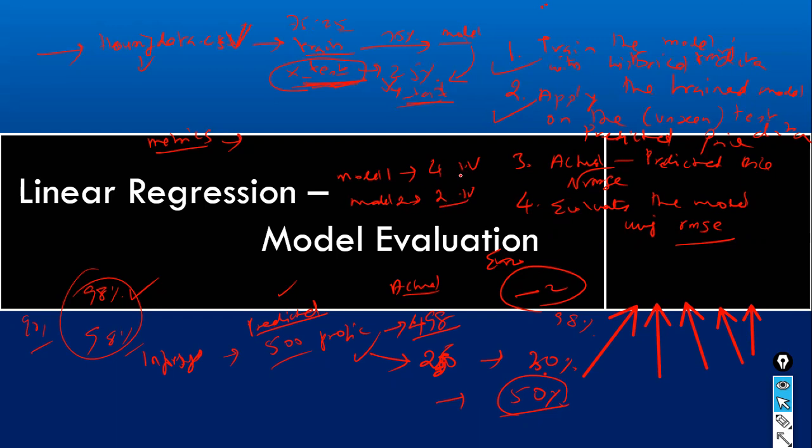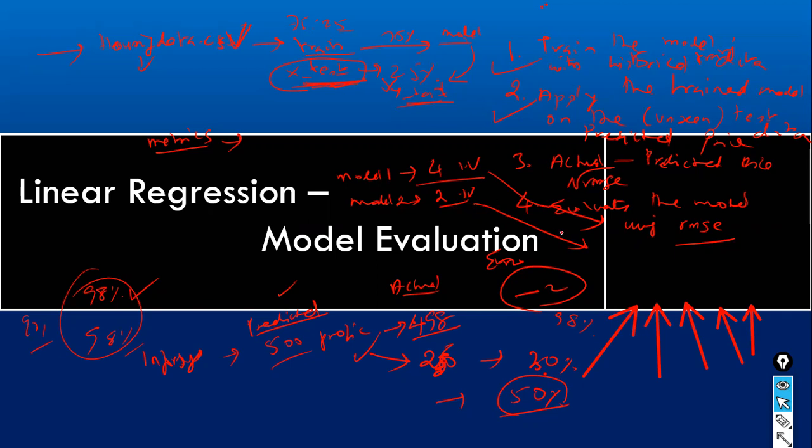Of the 4 independent variables, 2 were not at all helpful; they don't have predicting power. Hence we dropped them. With the 4 independent variables, what is my root mean squared error? And after removing the 2 columns which are not helpful, we check the root mean squared error for model 2.